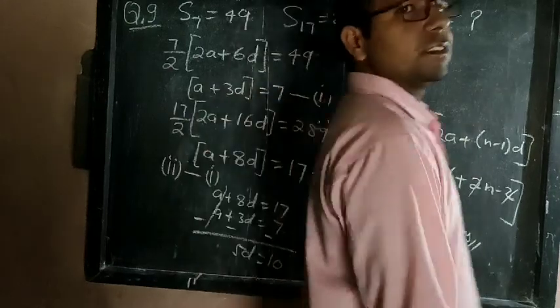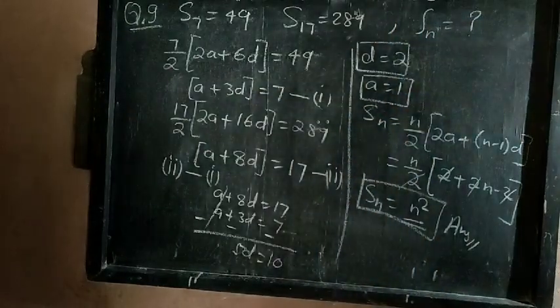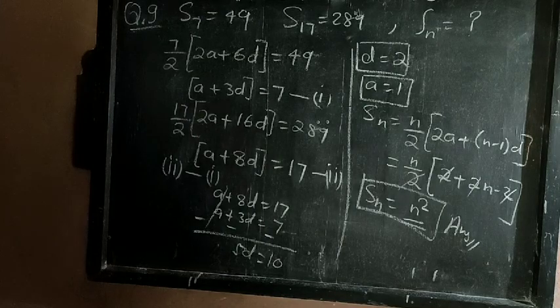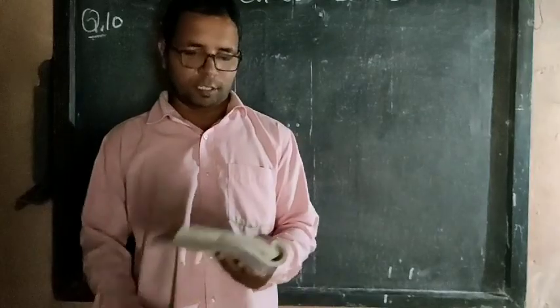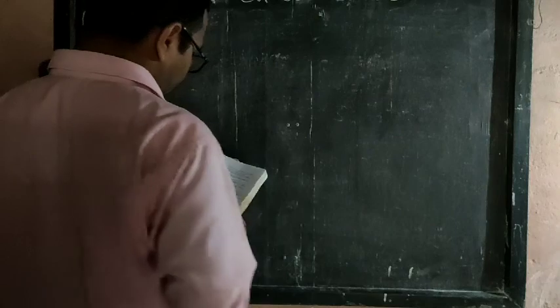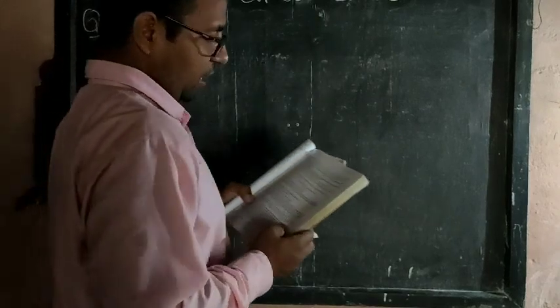So now students, in the same way we will proceed with the next questions. Question number 10. So students, let's see here question number 10. It is telling here that A1, A2, and so on to AN form an AP.